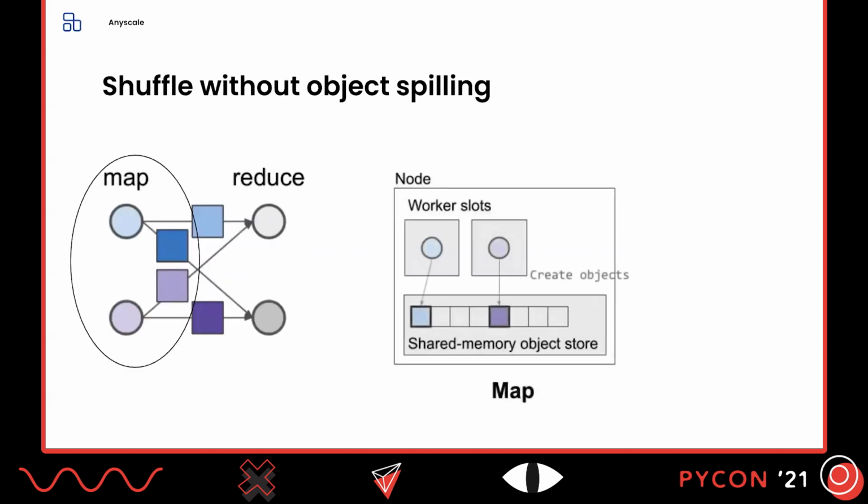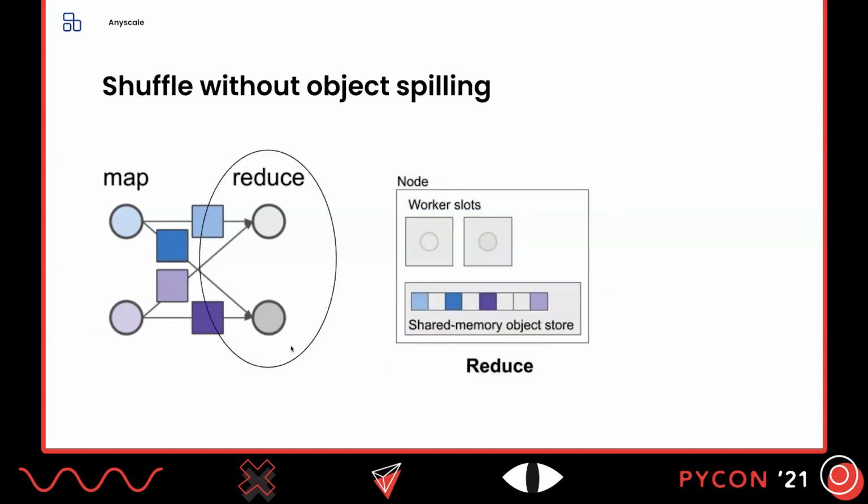So this is an example where shuffle is running without object spilling. So let's see the map phase first. In the map phase, basically this big square is a worker, and this circle is a task. So these two map tasks are scheduled, and they're creating objects like this in the object store. And in the reduce phase, you basically want to redistribute.